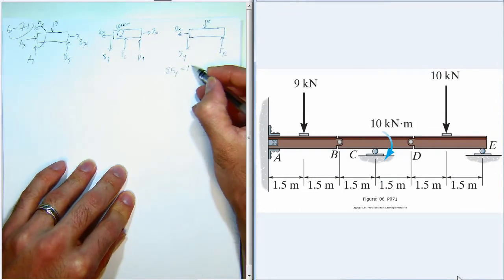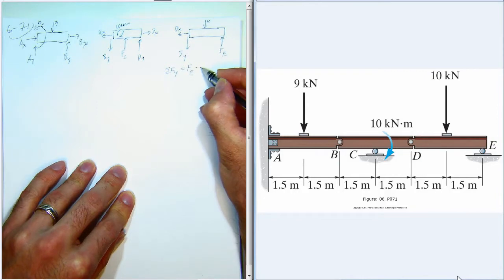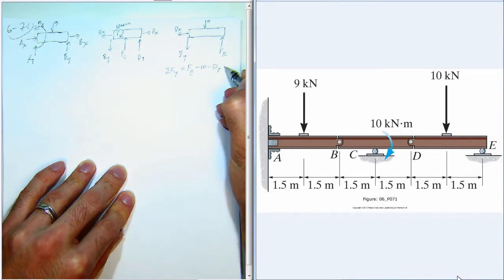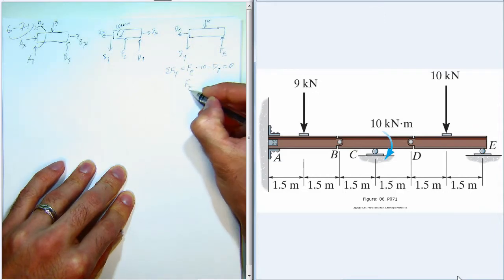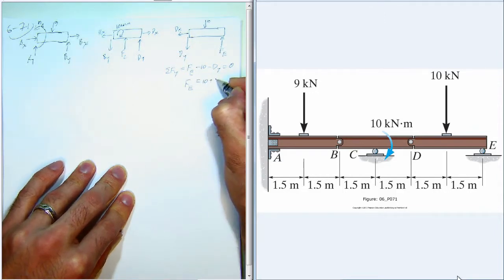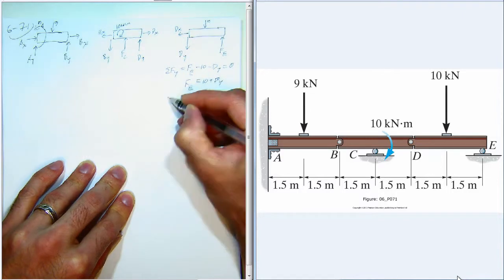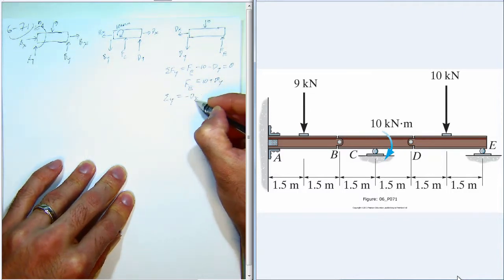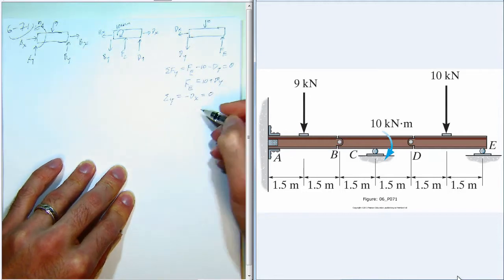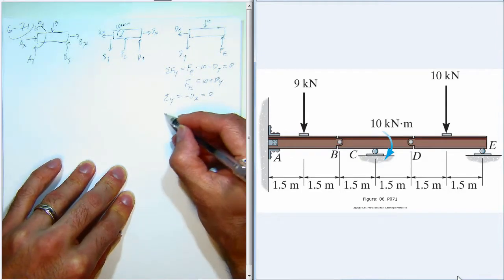So we've got Fe acting up, minus 10 minus dy, and that sums to 0. You get Fe is 10 plus dy. Forces in the x direction is just negative dx, and that's equal to 0. And then we'll take the moments about point E.